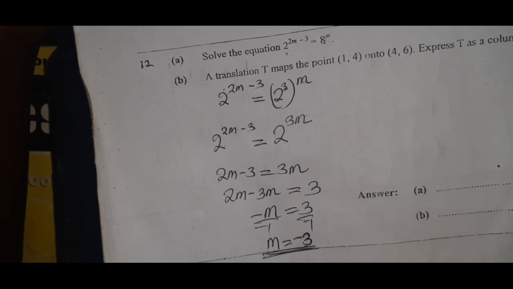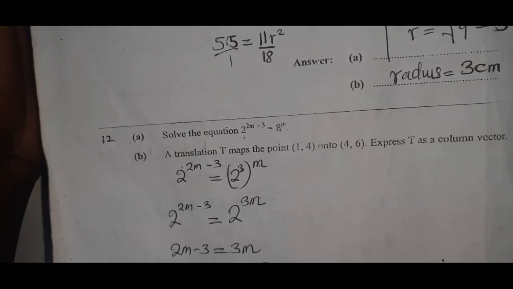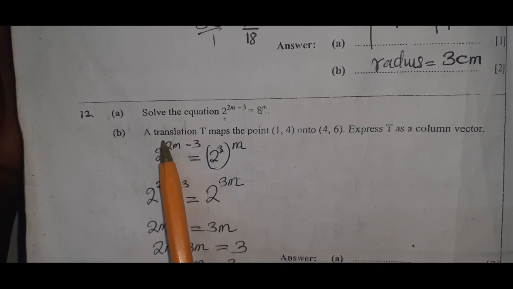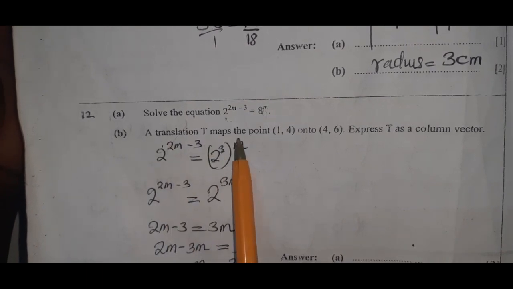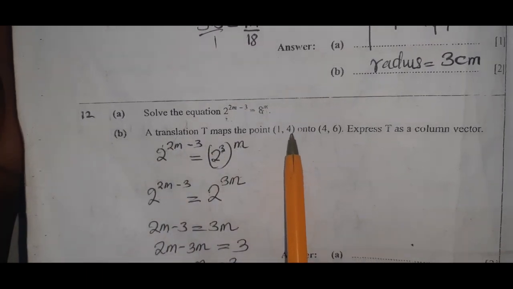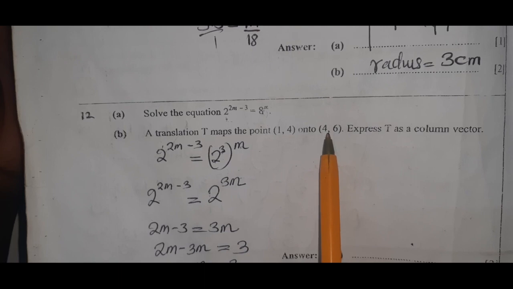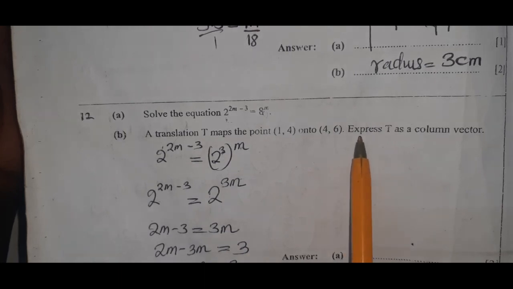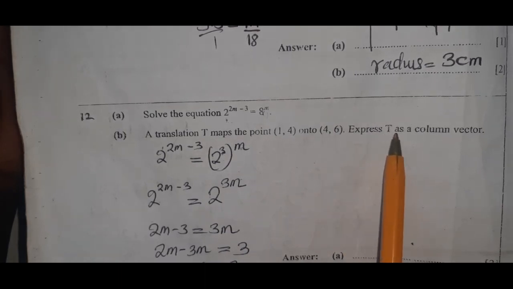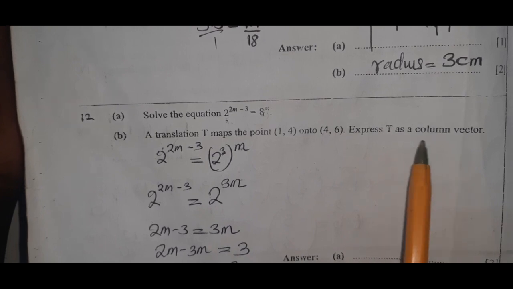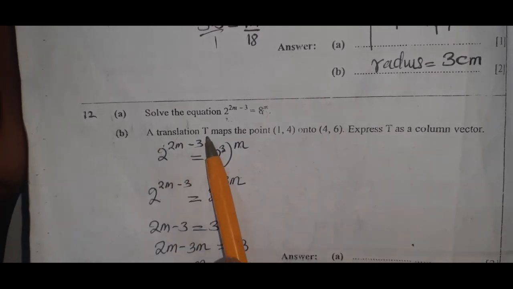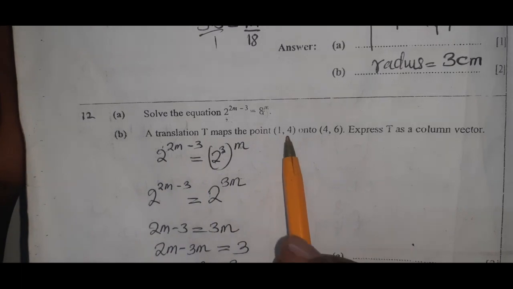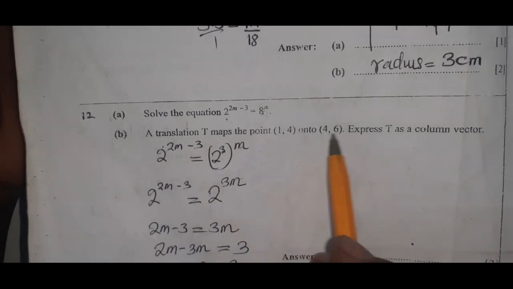Okay, let's look at the second part. Okay, so here we have a translation T maps the point 1, 4 onto 4, 6. Express T as a vector column. A translation T maps this point onto this one.